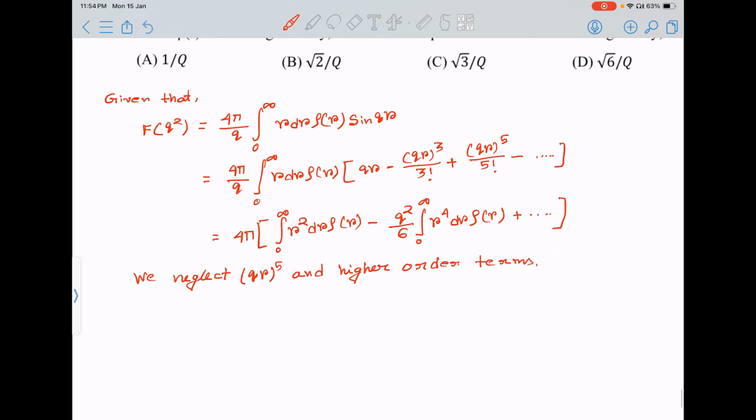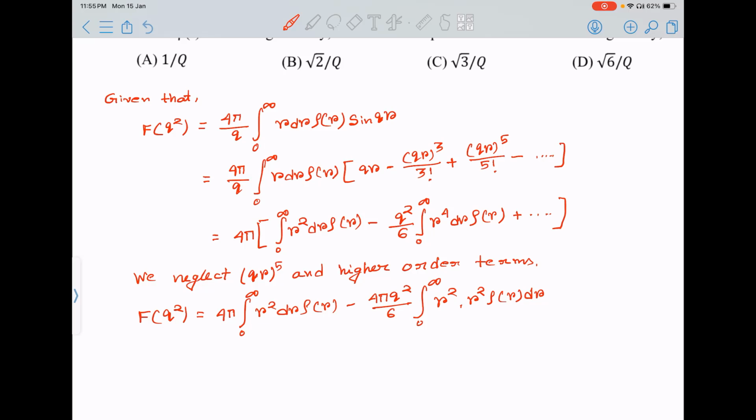In that case, we will get F(q²) = 4π ∫ from 0 to infinity r² dr ρ(r) minus 4π q²/6 ∫ from 0 to infinity r² times r² ρ(r) dr.